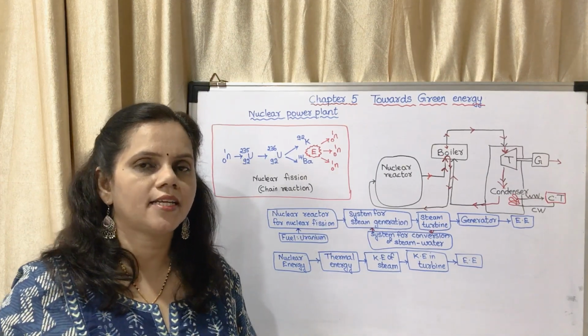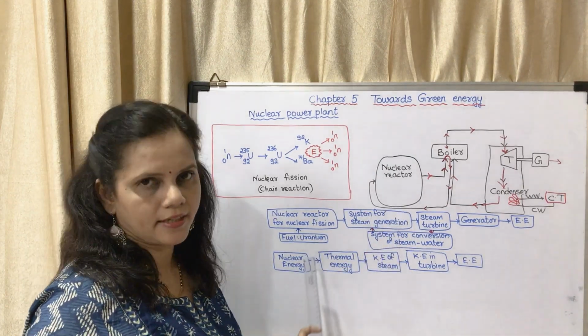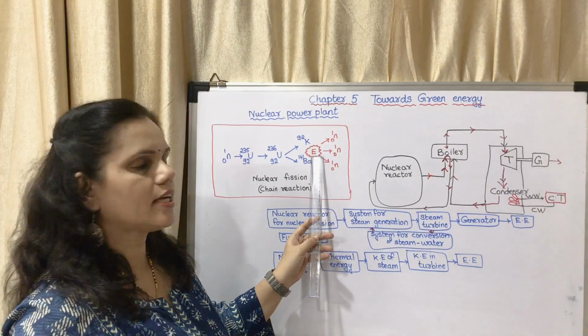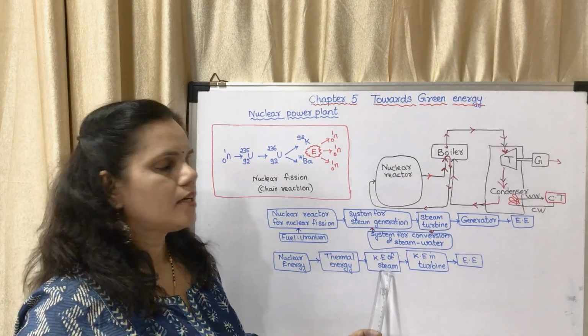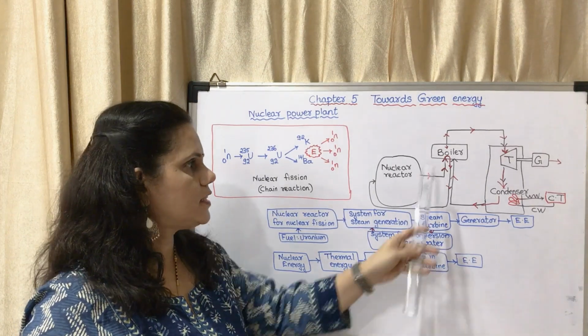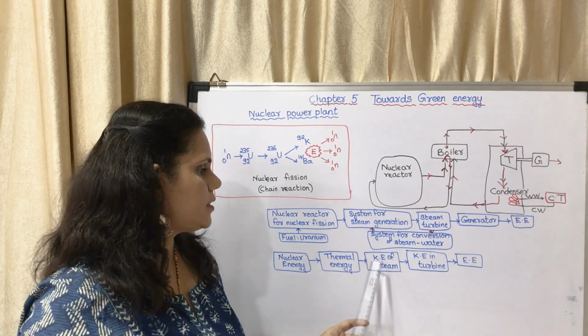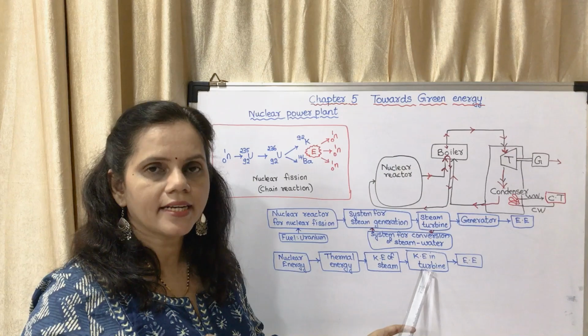Now what is the energy transformation taking place? The nuclear energy in the nuclear reactor is converted into thermal energy, that is heat energy. It is converted into kinetic energy of steam. Inside here, it is getting converted into steam. So it is kinetic energy of steam, which is used to rotate the turbine.